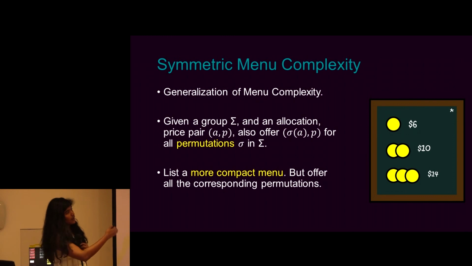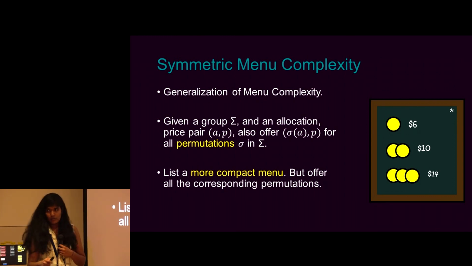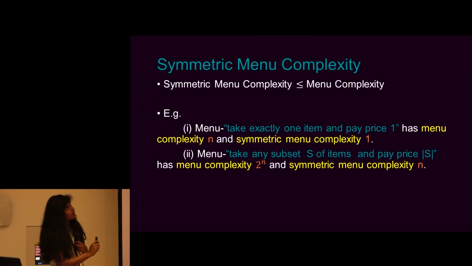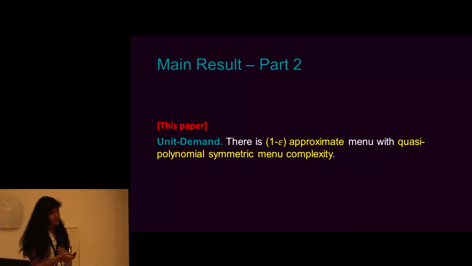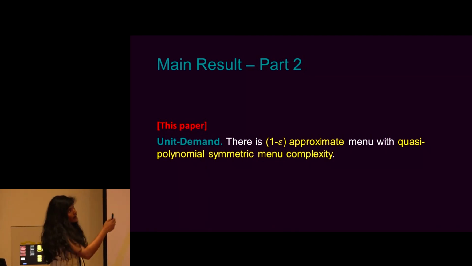Otherwise, we can get a more compact menu by implicitly offering all the relevant permutations. Our second main result was that for the same mechanism, it only has quasi-polynomial symmetric menu complexity if you want to get almost optimal revenue.